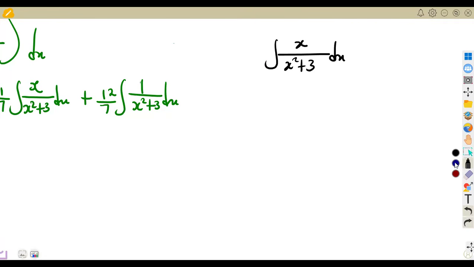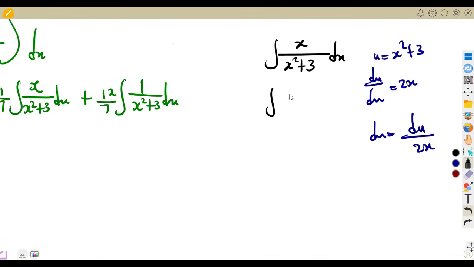So if we let u be equal to x squared plus 3, that means the derivative of u with respect to x is going to be 2x plus 0. Make dx the subject, so that will be du over 2x. As you can see, we can get rid of this, because this will be the integral of the x, and the x will cancel if you substitute your dx. So this x and this x will cancel, you get 1 over 2.